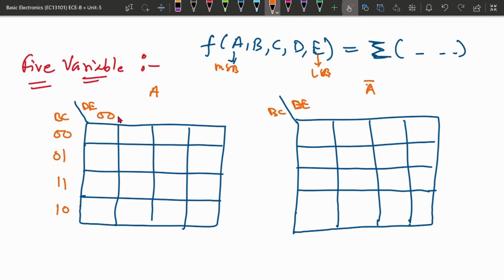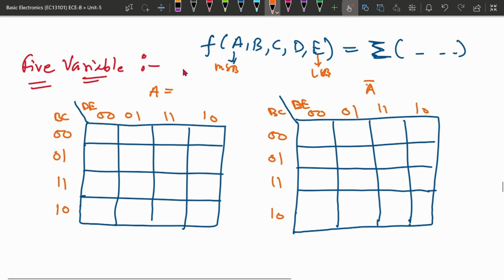For different DE combinations, 00, 01, 11, 10. Same is here: 00, 01, 11, 10. So we can write A bar here, and this way we can write A.